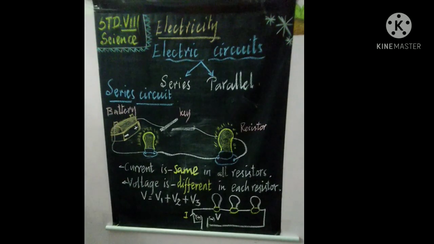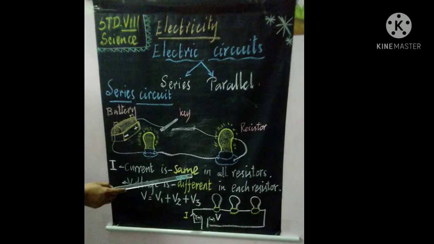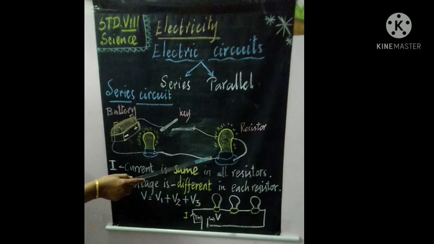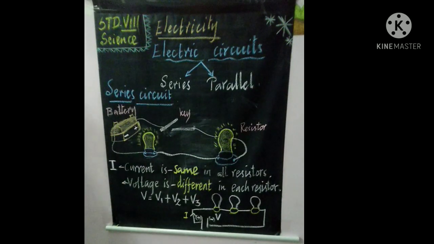The current, we can say, is I. Current is the same in all resistors. You know well, the current passing through all the bulbs is the same.